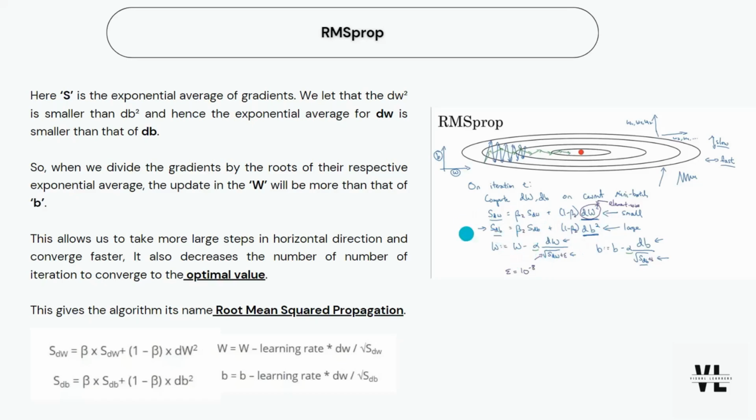Once we compute Sdb, we're going to divide dW and db by the square roots of SdW and Sdb. When we divide the gradients by the roots of the respective exponentially weighted averages, the update in W will be more than that of the bias, because the term SdW will be much smaller when we're using small dW values.